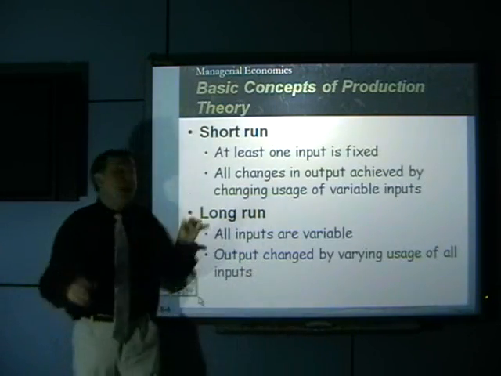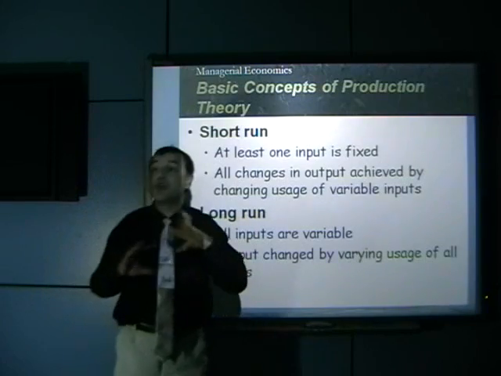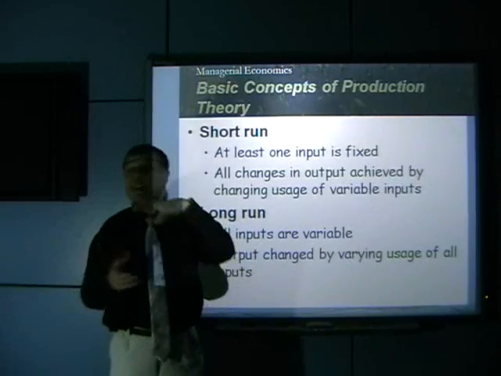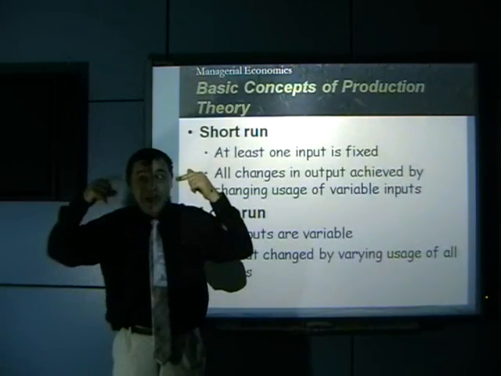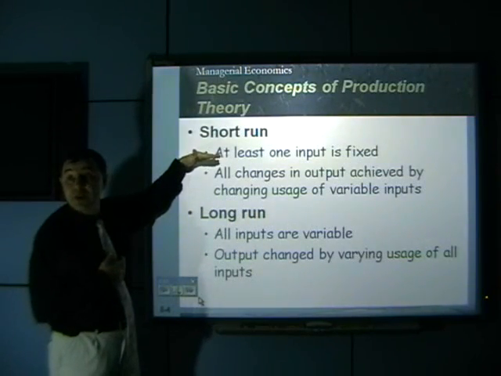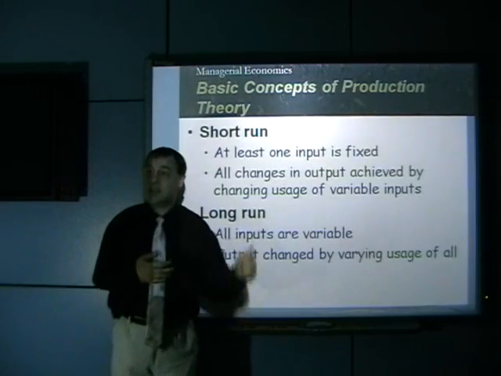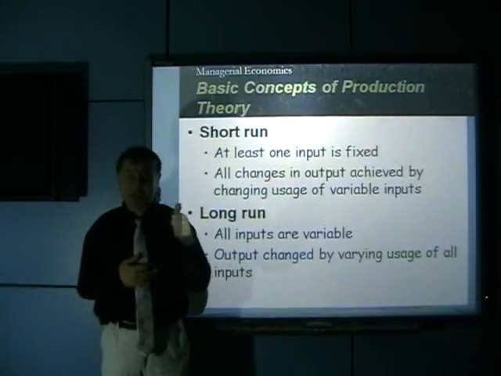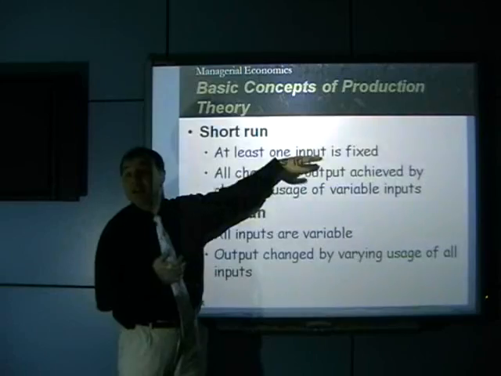In other words, a short run is whenever you're stuck with a particular capacity. That's the way to think. That's not the technical. The correct technical way to think is at least one input is fixed. That's the only correct definition.